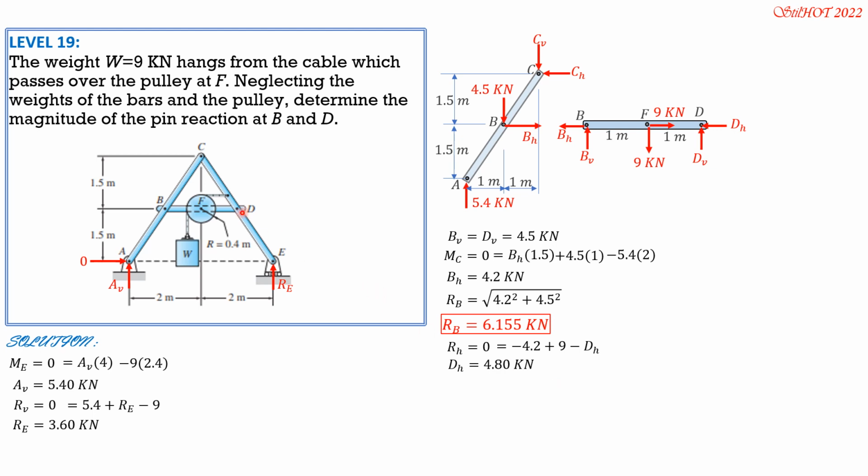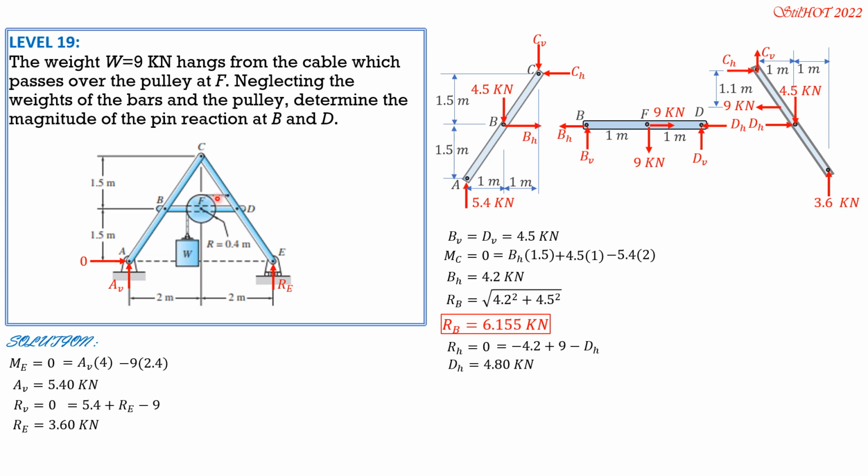Then we only have D sub V left. So to solve for D sub V, we draw the free body diagram of the right part. And we have tension, by the way, at this part. The radius is 0.4. So that's why this is 9 kilonewtons, the weight, tension in this cable.